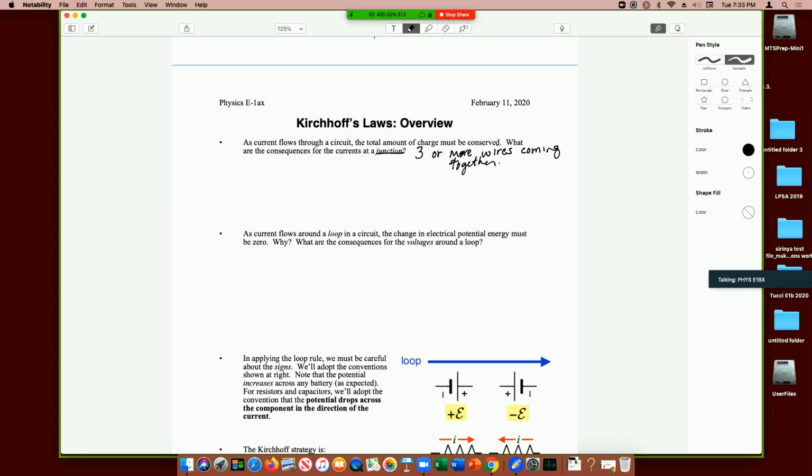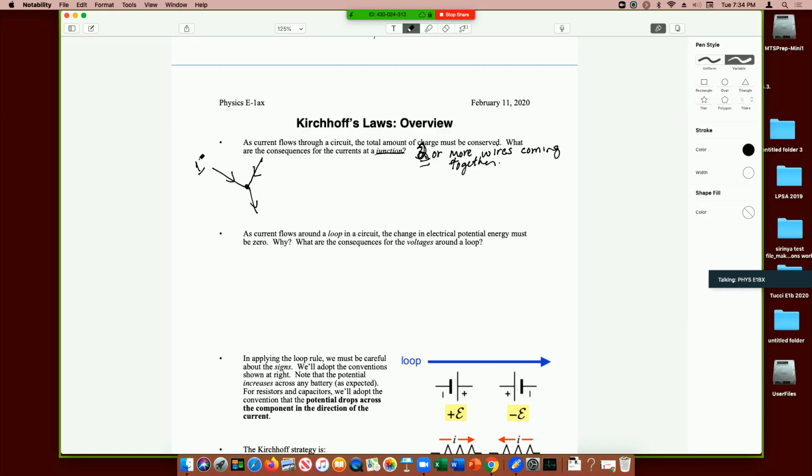Well, I guess it could just be two or more wires coming together. That's the simplest junction that I can think of.